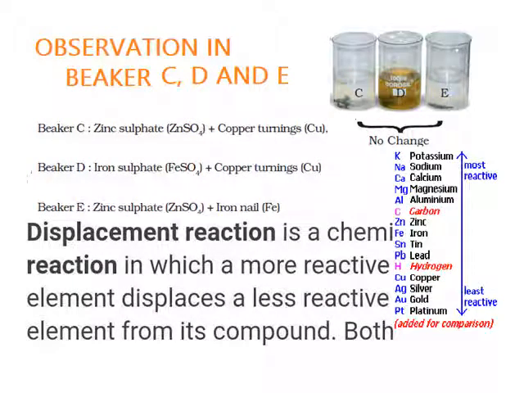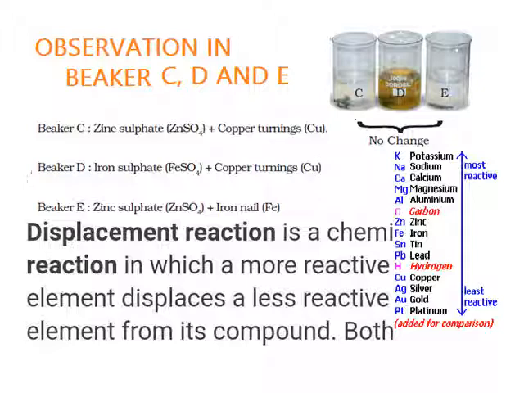To our surprise, there will not be any reaction taking place in beakers C, D and E. Now let us analyze why in beakers A and B a reaction had taken place and why not in the remaining three beakers.